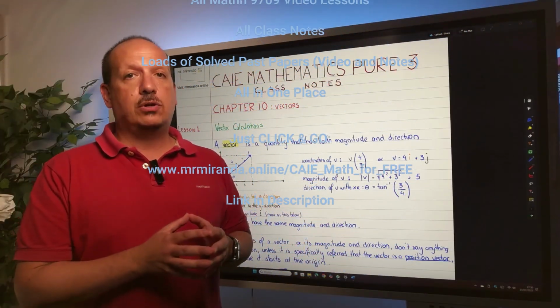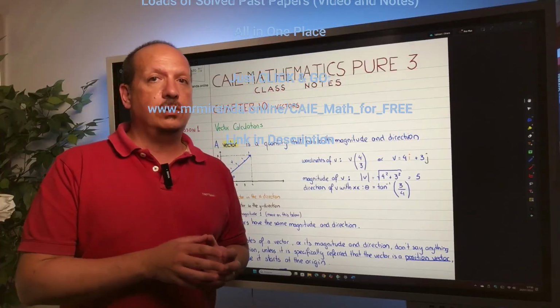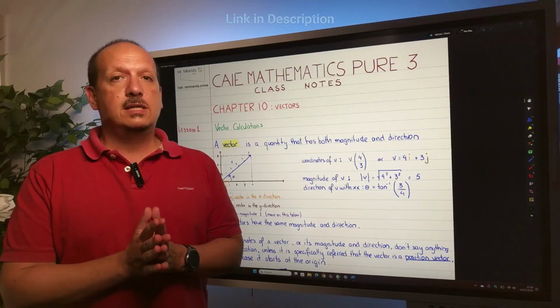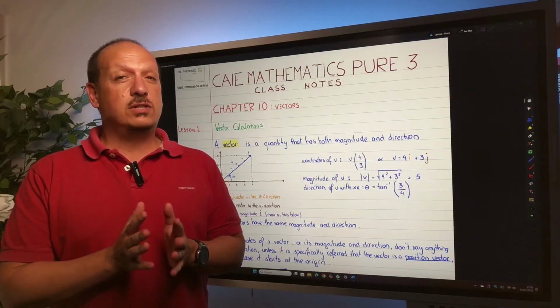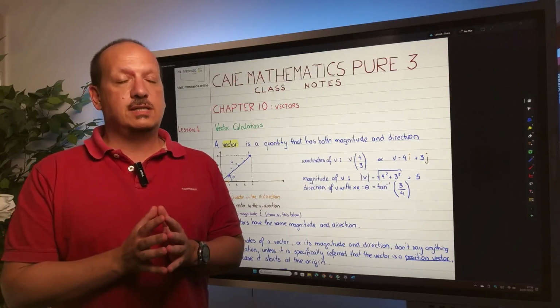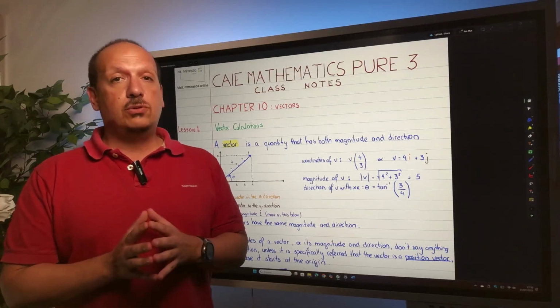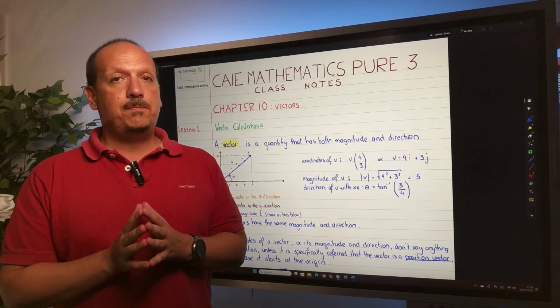The whole chapter of vectors passed to the Pure Math 3, to the A2 part of the syllabus from 2020. Again, I'm not completely sure about this year, but I think it was. It passed into the Pure Math 3.